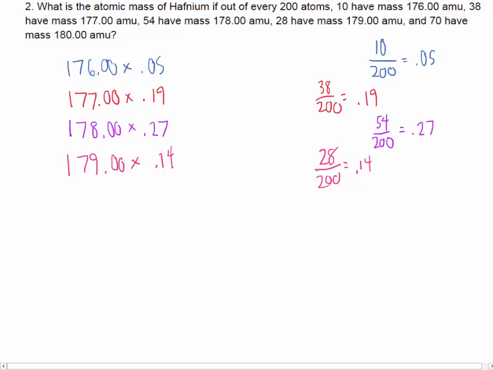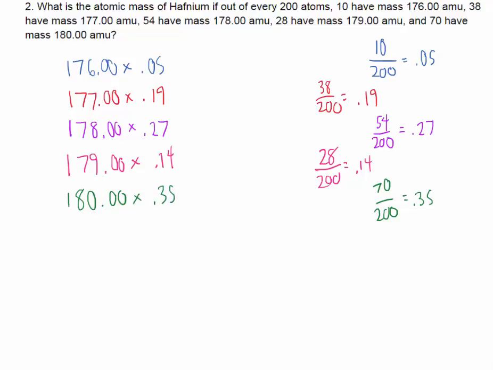And then finally, we have 70 of the 200 atoms of this isotope of hafnium, which is of mass 180, and that gives us 0.35, or 35% of it is the 180 hafnium, times 0.35.